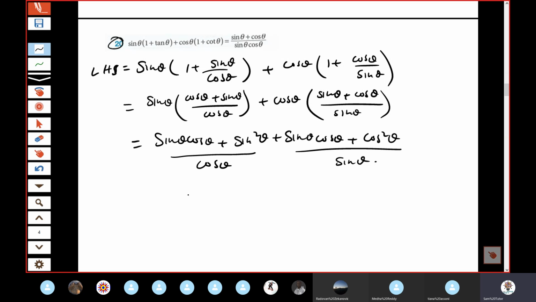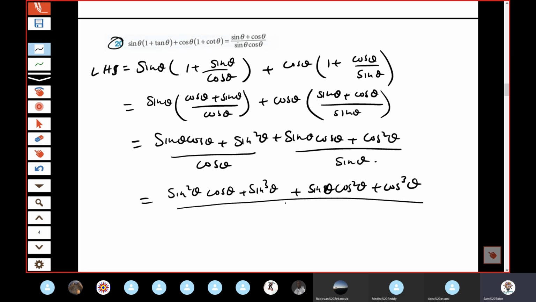So again, common denominator, I get sine squared cos theta plus sine cubed, this times this, this times this gives you sine theta cos squared plus cos cubed, on sine theta cos theta. Now you're hoping for the top to become sine plus cos theta.